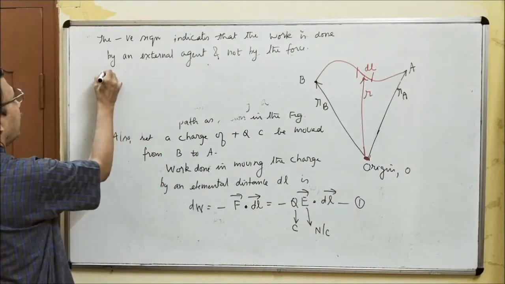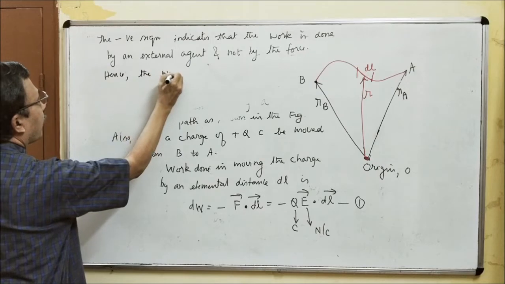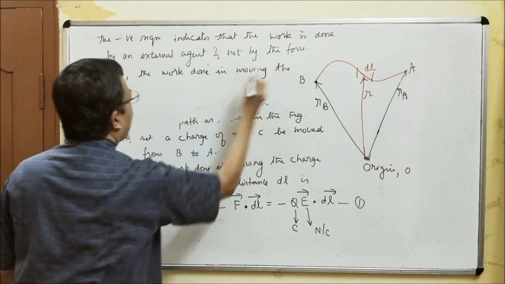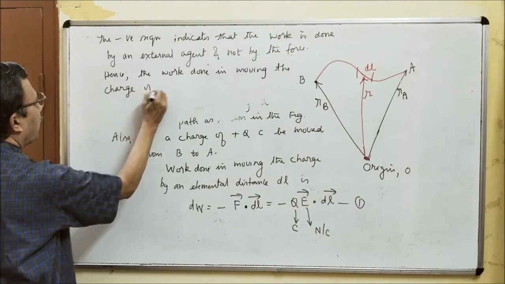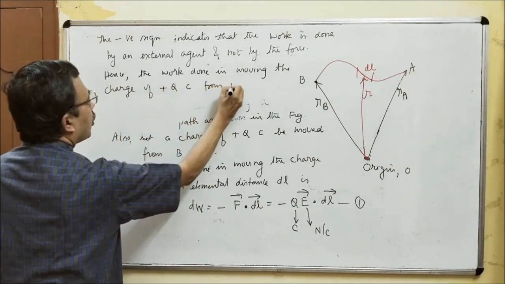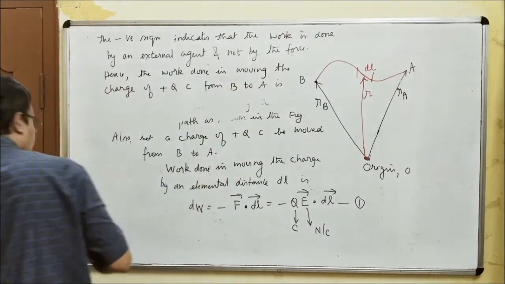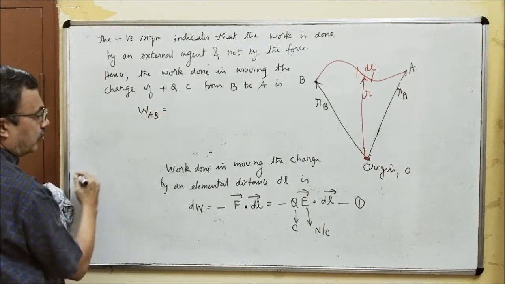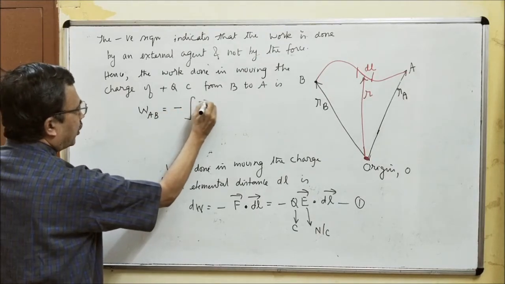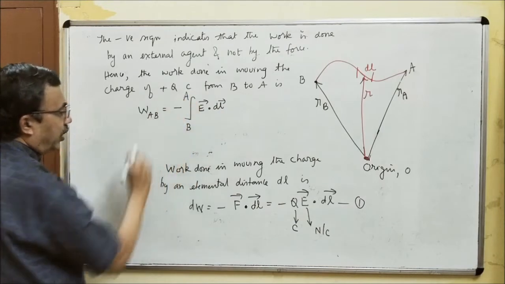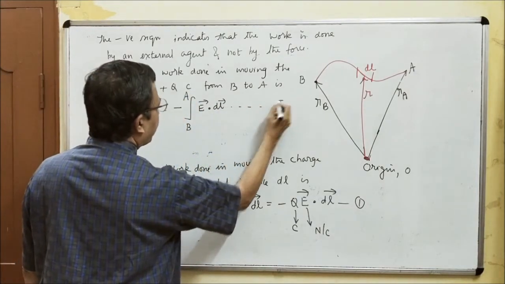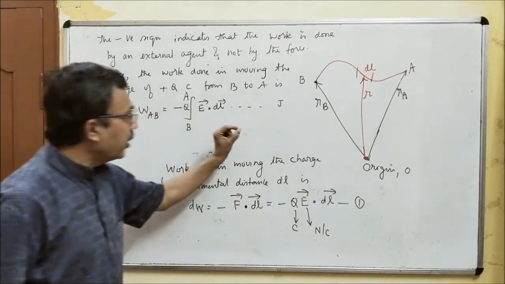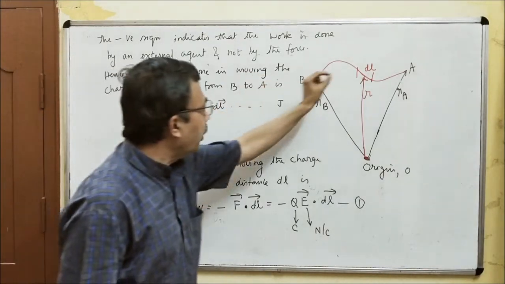Hence the work done in moving the charge of plus q coulombs from point B to point A is WAB equals minus integral E dot dl from point B to point A. Q into E is nothing but vector F. This is the work done in moving a charge of plus Q coulombs from point B to point A.